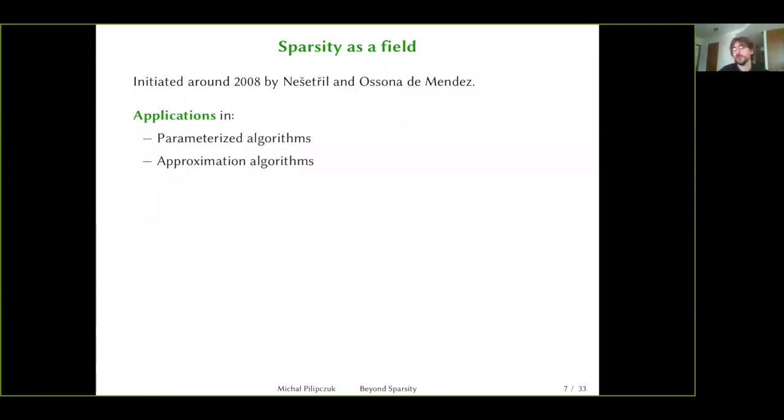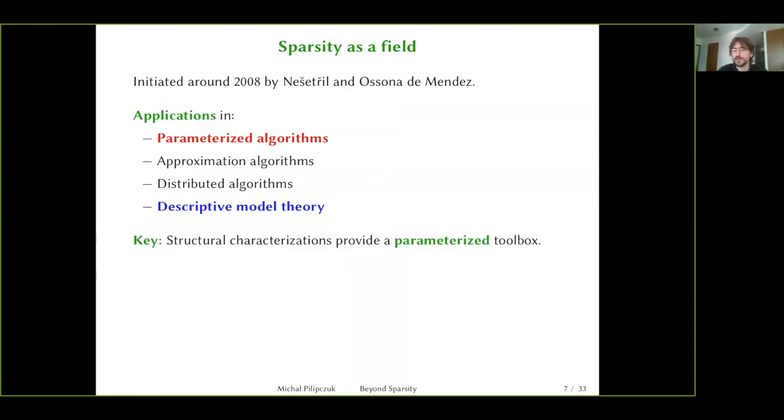Predominantly parameterized algorithms, but also approximation algorithms, distributed computing, and descriptive model theory. During this talk, we will focus on the first and the last, parameterized algorithms, blended with descriptive model theory. And as I said, essentially this field is a very parameterized field in a sense. Even if you are not after a certain parameterized algorithm, an FPT algorithm, you really work with parameters all the time, because sparsity of shallow minors or generalized coloring numbers are very parameterized in spirit.